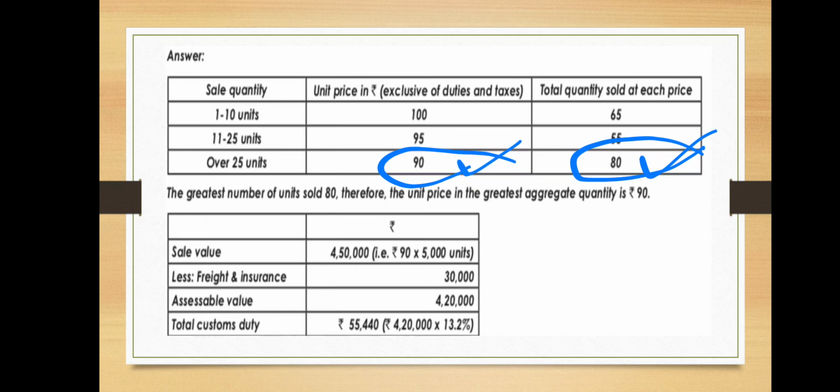So 80 will be the highest number of units sold, and for 80, the 90 unit price will be taken into consideration for the calculation of assessable value.